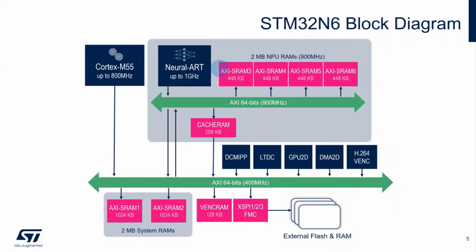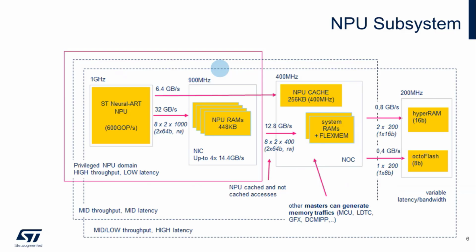Another way to visualize this is in this subsystem overview. So it's a bit, okay, you will take time to look at it. The important point is that here you have the private garden of the neural art, so 32 gigabytes per second to access the SRAM 3 to 6.